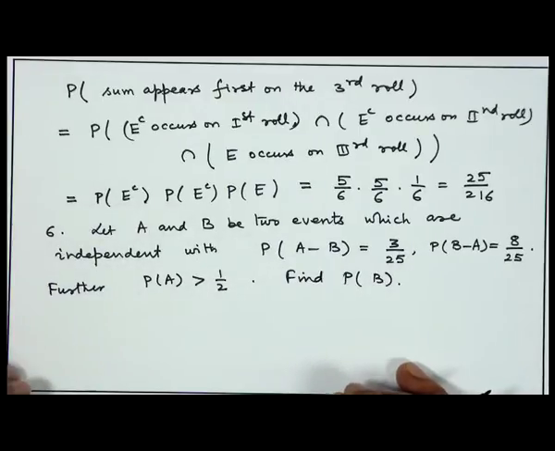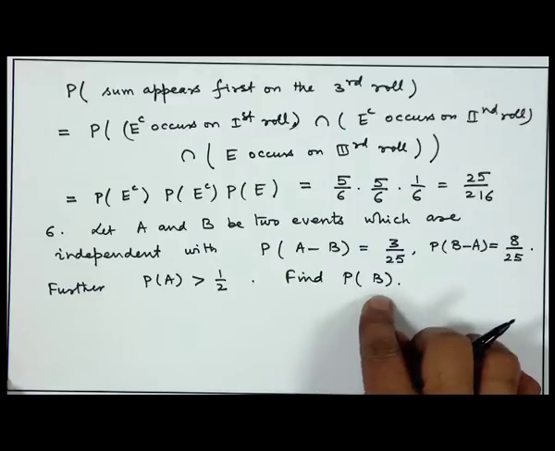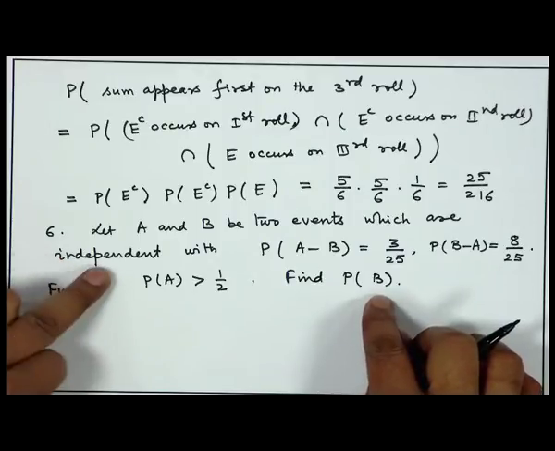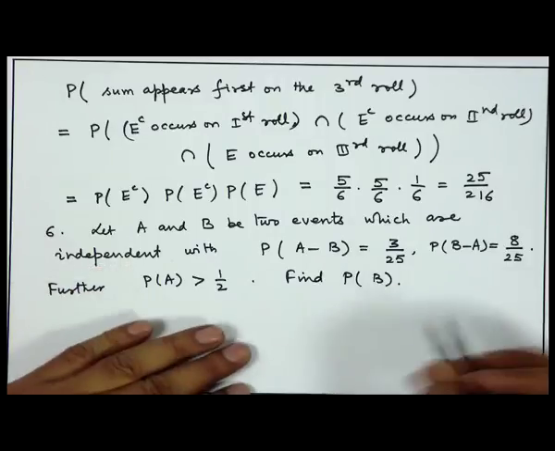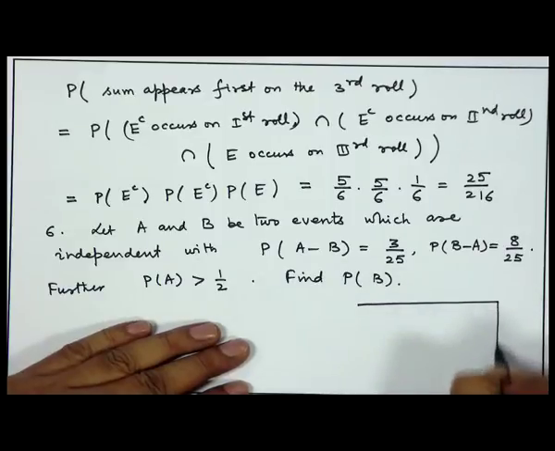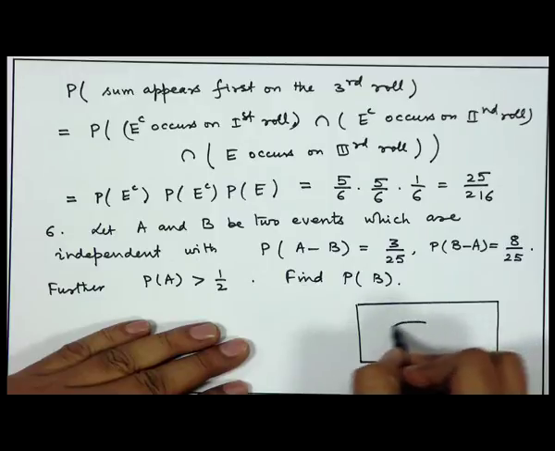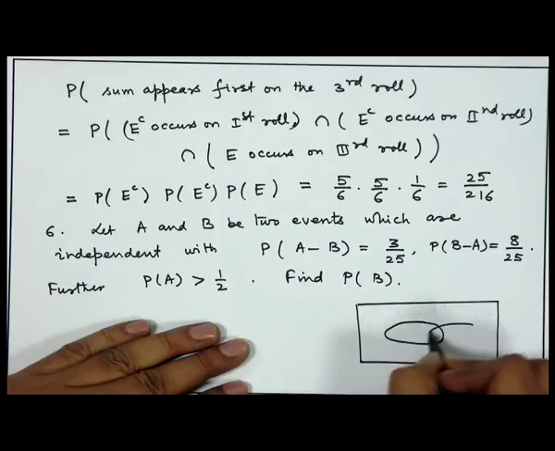From the given information, we have to extract the probabilities of A and B, and ultimately we are asked to find the probability of B. Additional information that is given to us is that events A and B are independent. Let us see first of all through a Venn diagram what are the probabilities that are available to us and how we can utilize them.